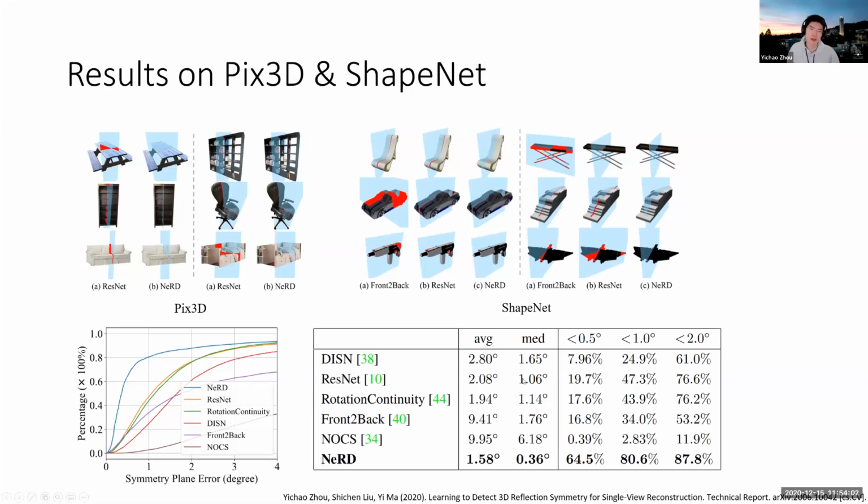That is the median error. The average can still be improved, but it's not that obvious because the average error is dominated by outliers. Still, for errors smaller than 0.5 degrees, our algorithm can have 65% of the data achieve this error, while traditionally you can only get less than 20% of the testing cases.